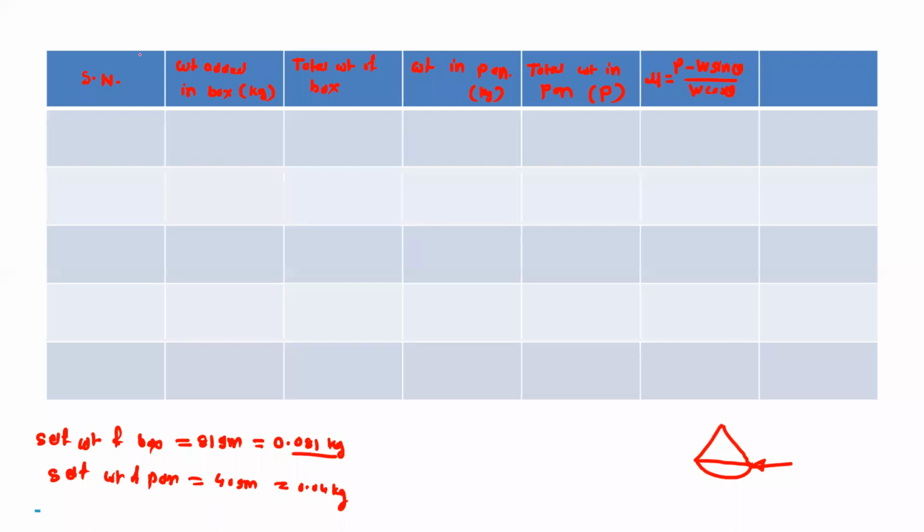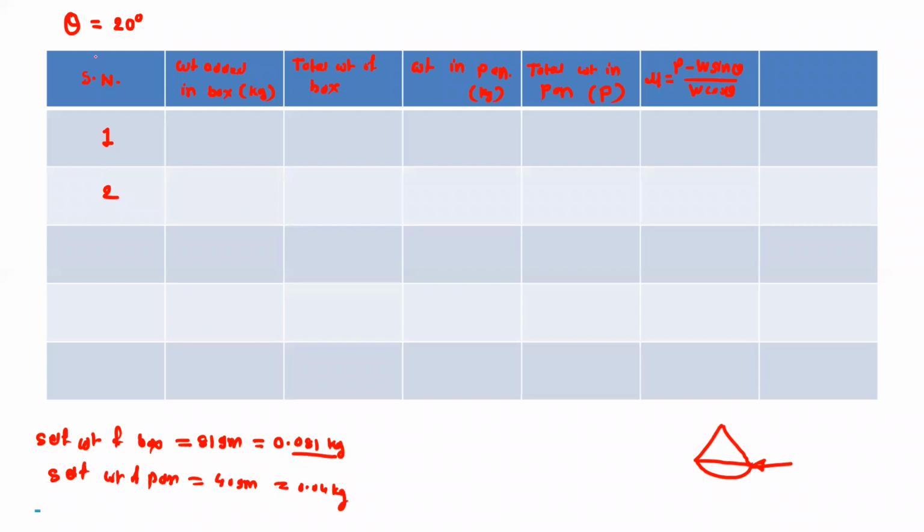During the experiment, we fixed the angle theta, so theta was constant. Theta was 20 degree. Then you can repeat the experiment. We have just taken 2 readings.